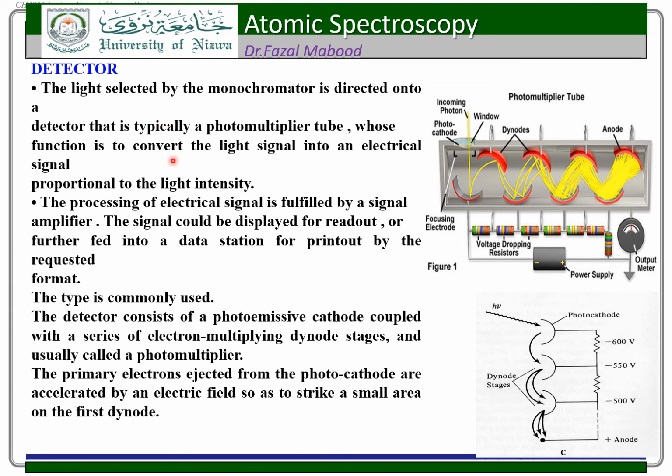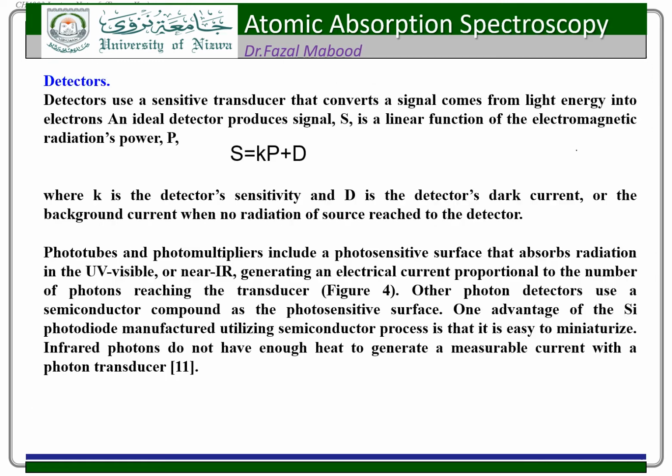So the detector is that device which converts the light signal into an electrical signal. A detector uses a sensitive transducer that converts a signal coming from light energy into electrons. An ideal detector produces a signal that is a linear function of the electromagnetic radiation power.